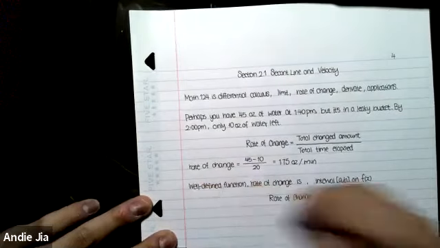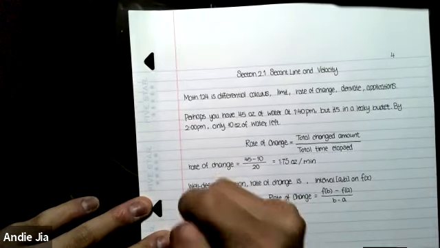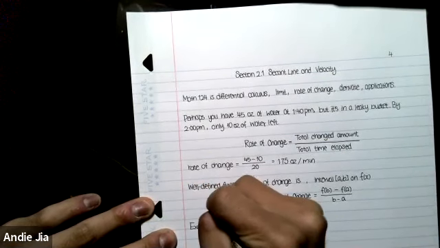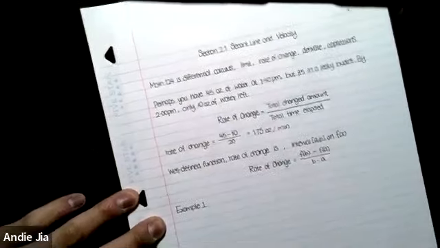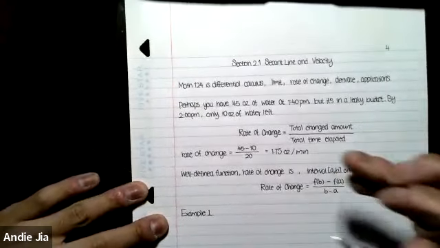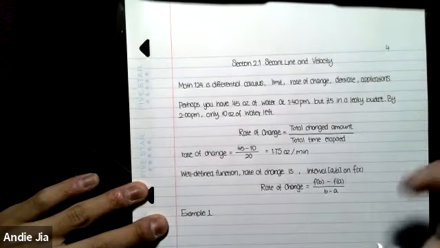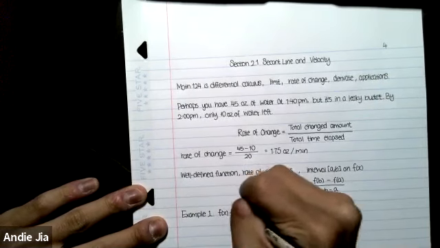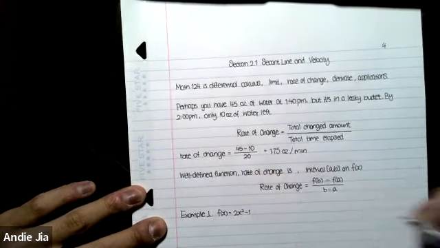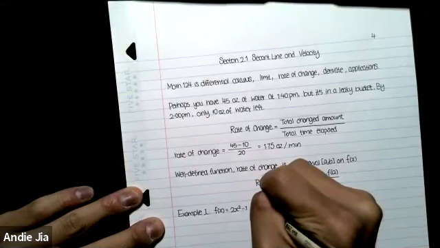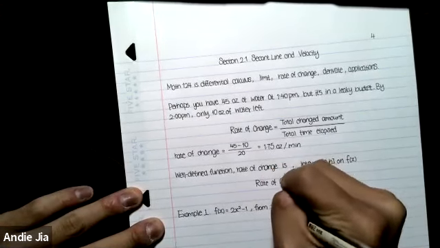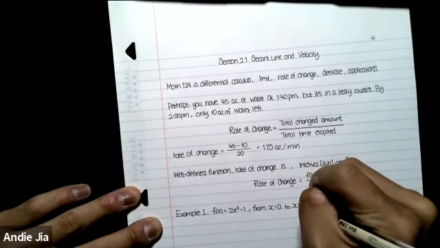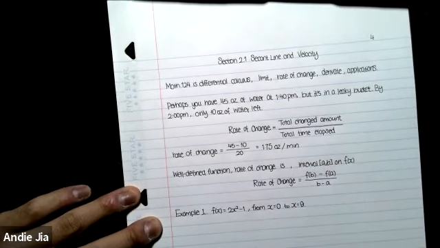Let's do an example here. So we define a rate of change. For example, if we have f of x equal to 2x squared minus 1 from x equal to 0 to x equal to 9. Find the rate of change.